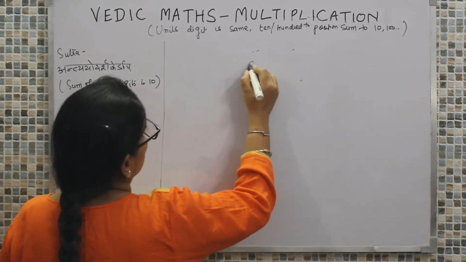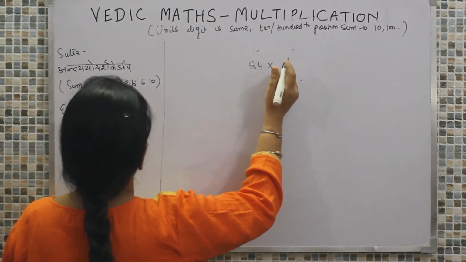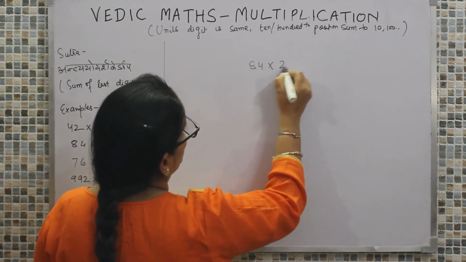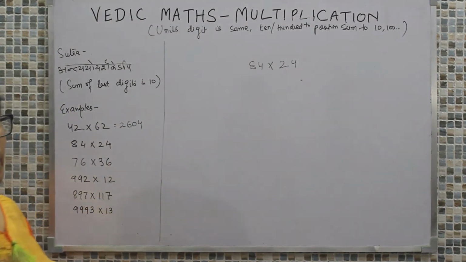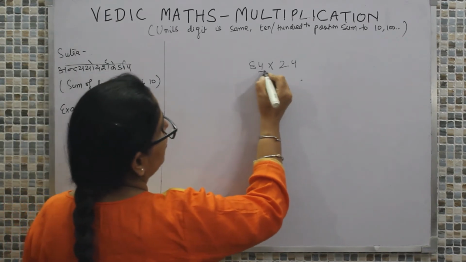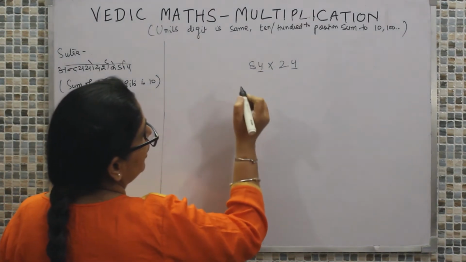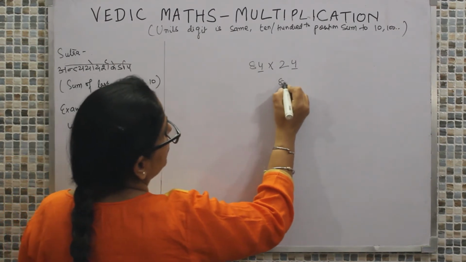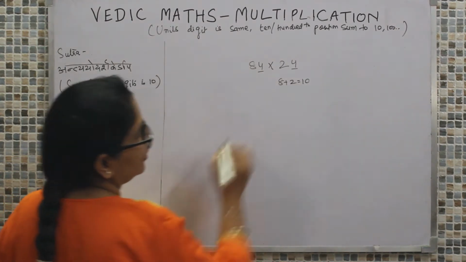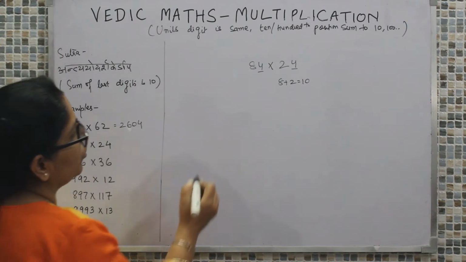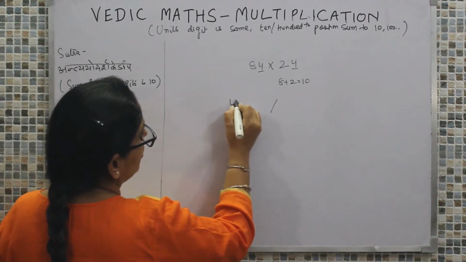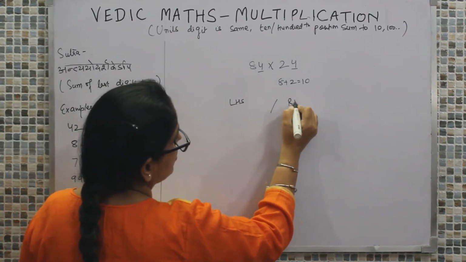Let's compute the second one. The next is 84 into 24. The units place is the same: we have 4 for both values. Here we have 8 and 2, and 8 plus 2 is 10. So we split it into the LHS and the RHS.